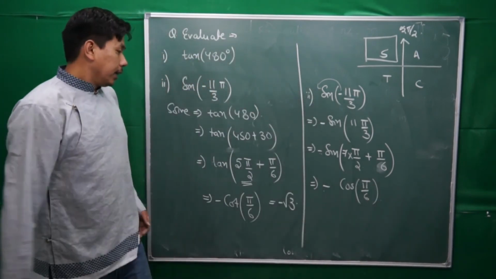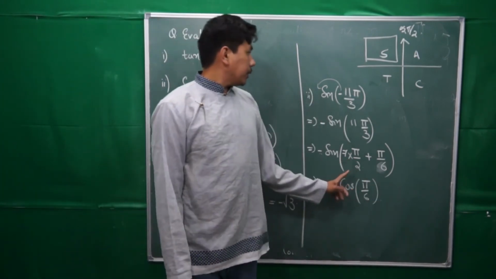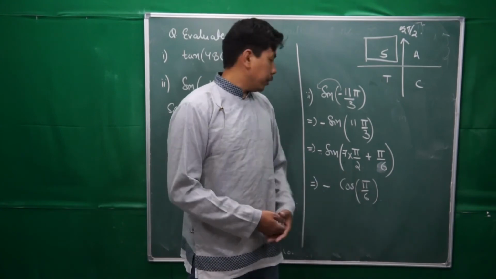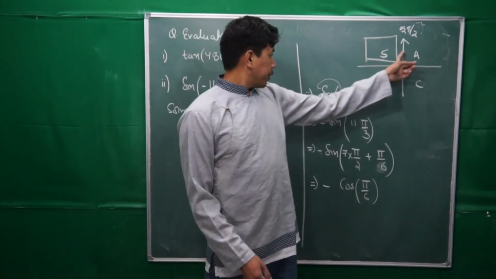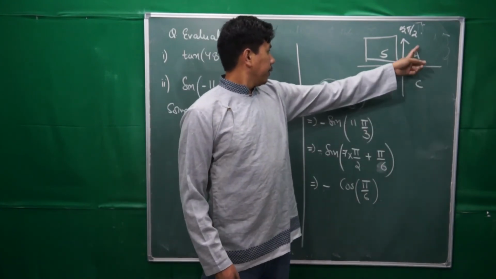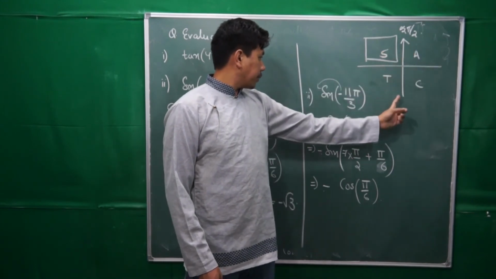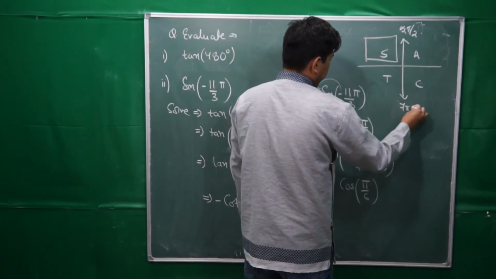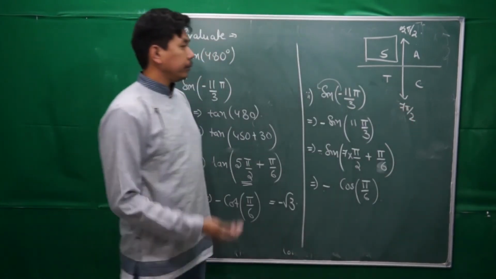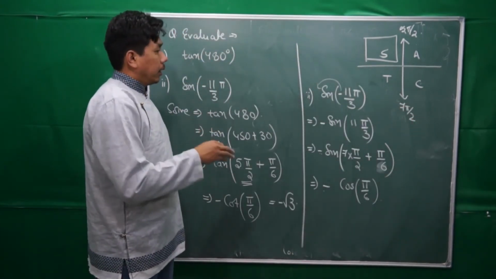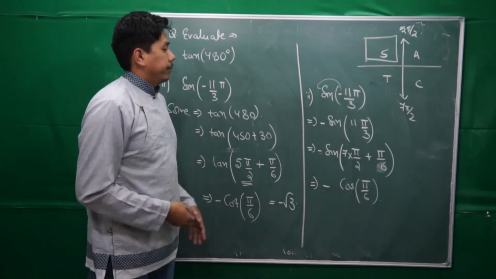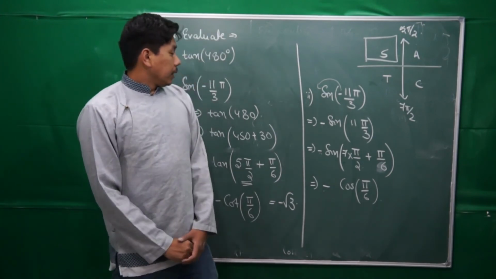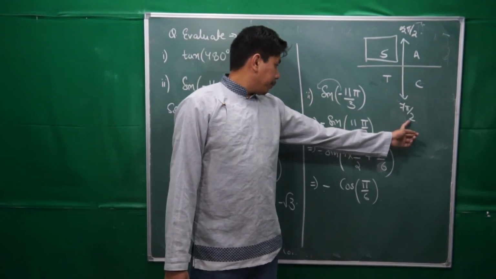Okay, 30. Now 7 pi by 2 means which quadrant is it going to fall in? 4 times, 5 times, 6 times, 7 times. So this is the quadrant where 7 pi by 2 is going to fall.